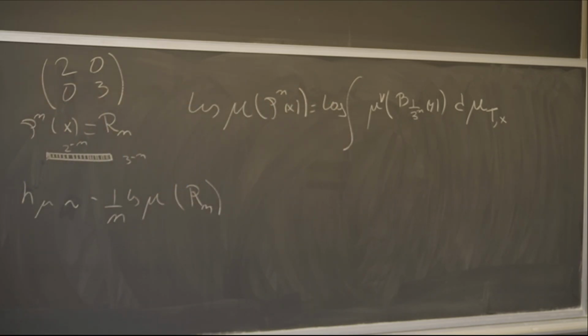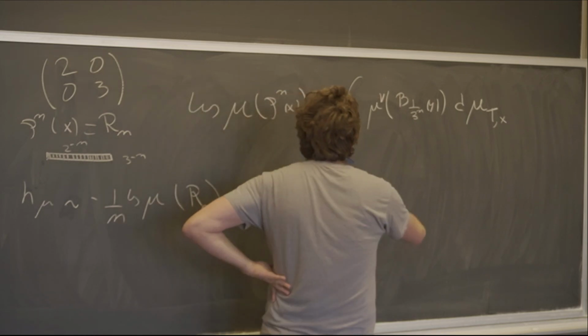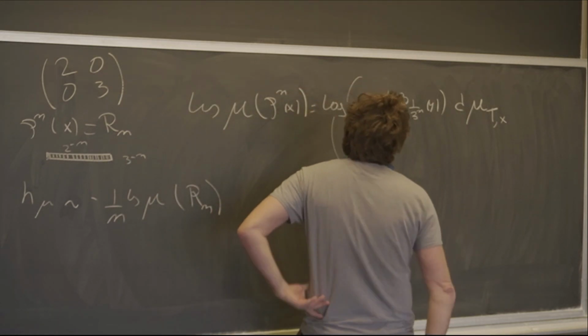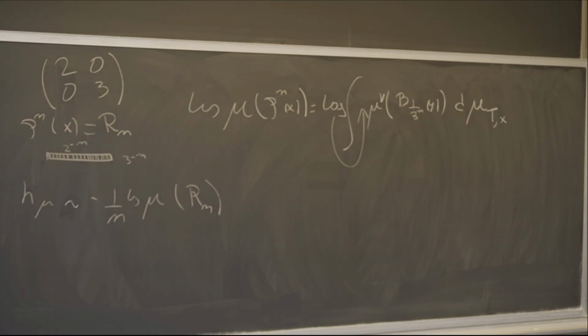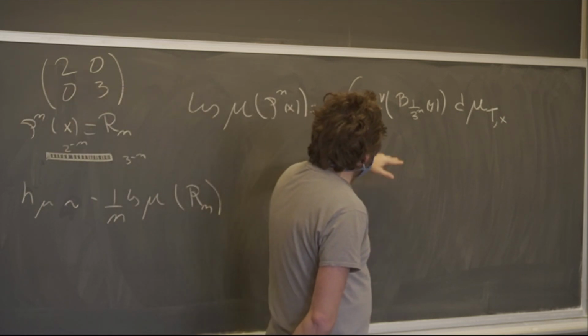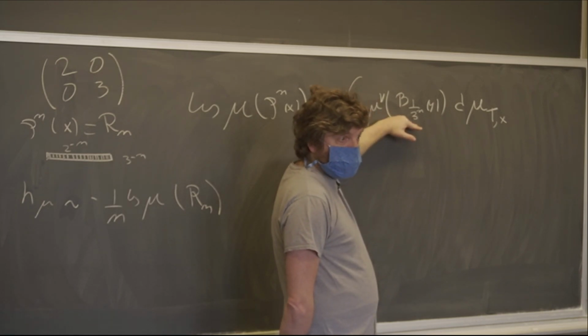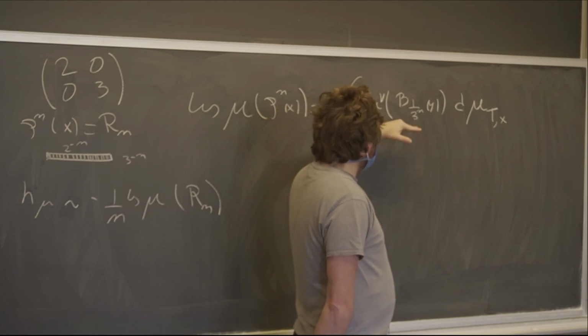That's the first fight, which Ledrappier-Young did, and it tells you that you actually can get the log inside without killing everyone. This is very subtle, and has to do with this function being very close to constant.